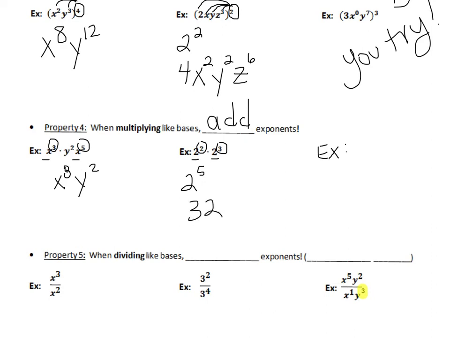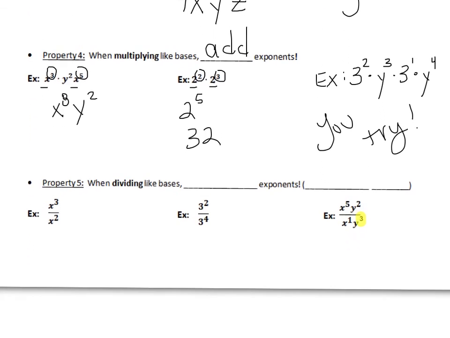All right, so your example, let's go with 3 squared times y to the 3rd times 3 to the 1st times y to the 4th. All right, so that's your try. You try. Yes, I made it a little difficult because you can handle it.